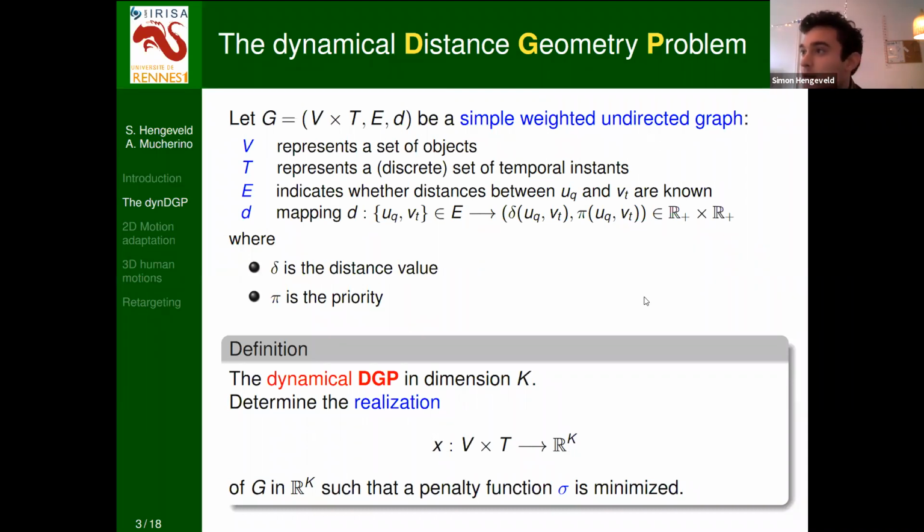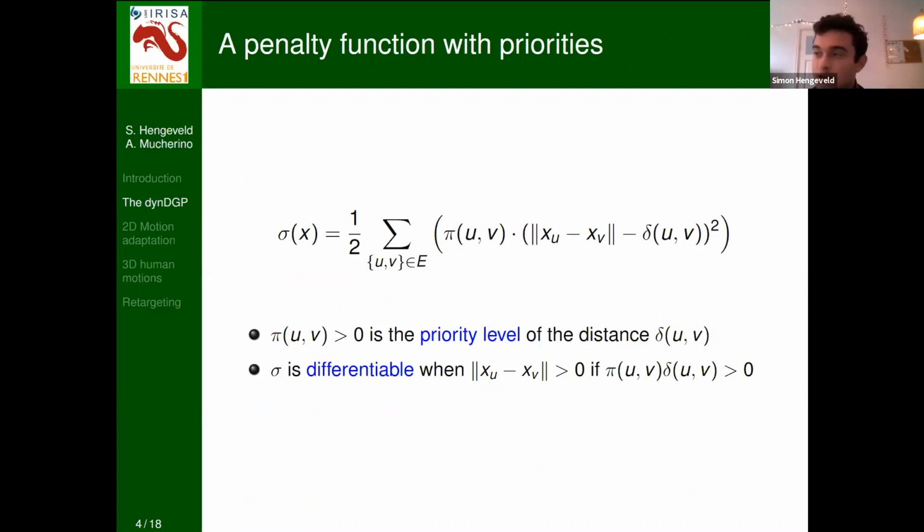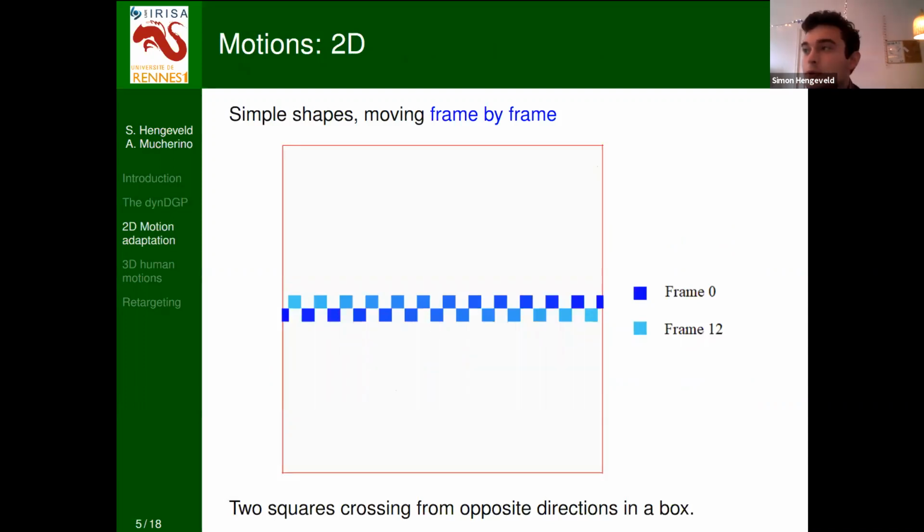I'll show an example penalty function that we used in our project, in which we use these priority levels for the distances, and we measure the difference between the ground truth distance and the distance we have in the realization X. An important property of this penalty function is that it is differentiable when the distance and the priority levels are positive, which means that we can use certain optimization methods, such as gradient descent, to optimize this penalty function.